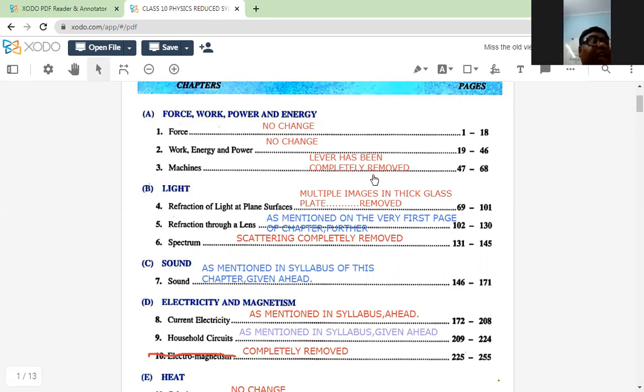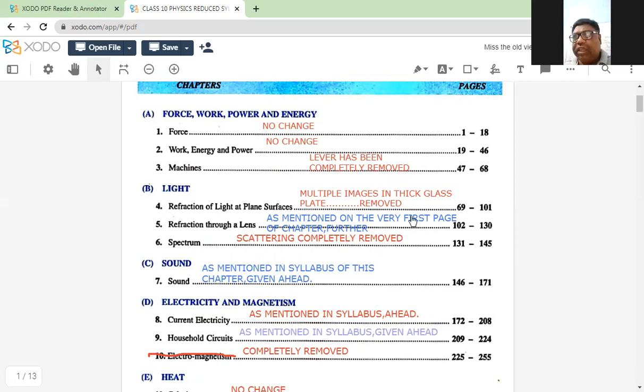Now you can see the next topic. The next topic is light, and under light, 3 chapters come. Here you can see refraction of light at plane surface. Like last year, this year also multiple images in a thick glass plate have been removed. It's clear?